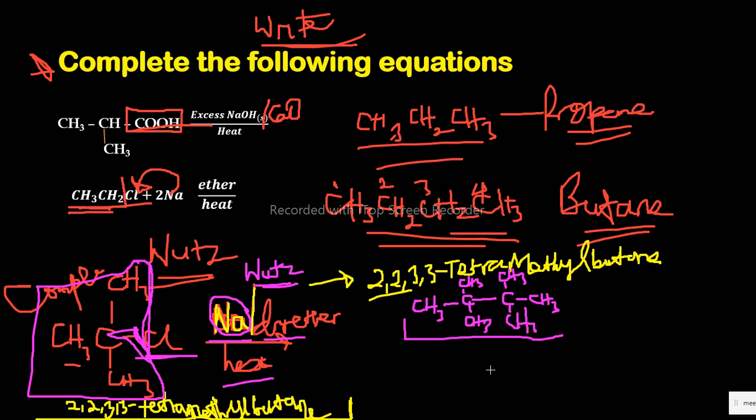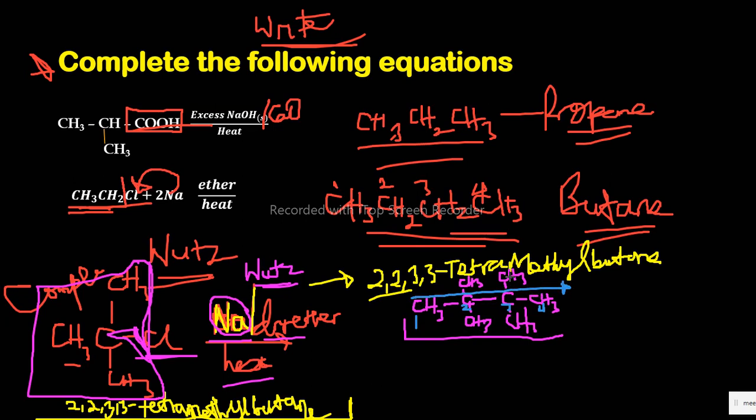So when you are naming, this is going to be carbon 1, this is carbon 2, this is carbon 3, and this is our carbon 4. So this is our parent chain. The rest are groups that are attached on the parent chain.